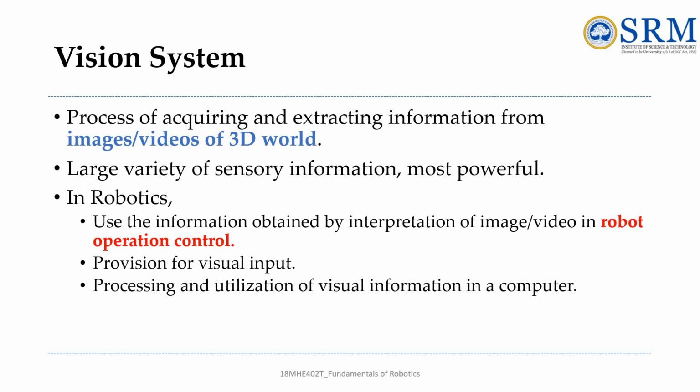In robotics, this visual input is crucial. The robot uses the information it gets from interpreting images or videos to control its actions. It's like having a computer brain that processes and uses what it sees to make decisions and perform tasks accurately.